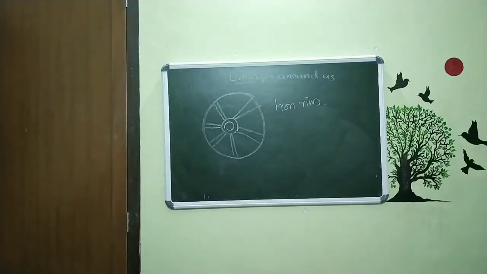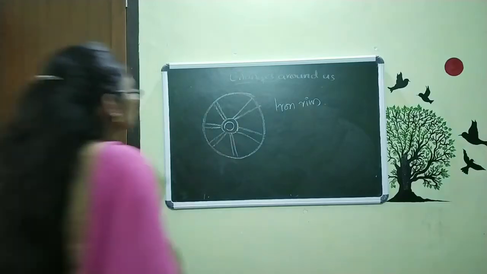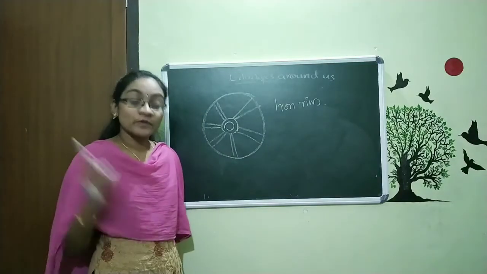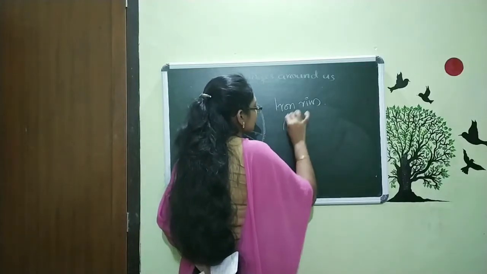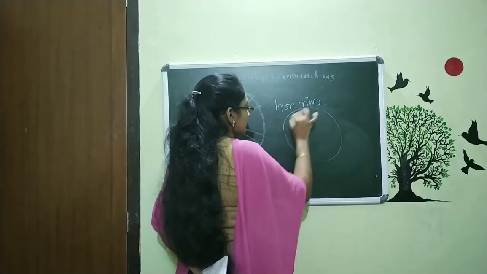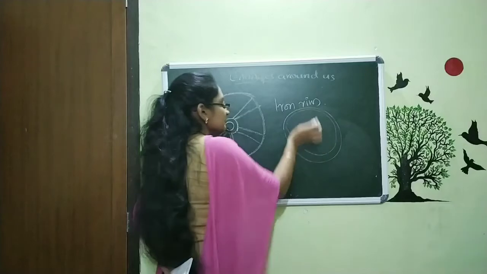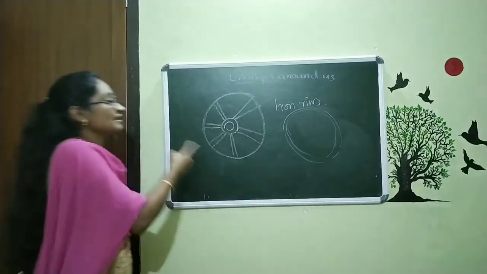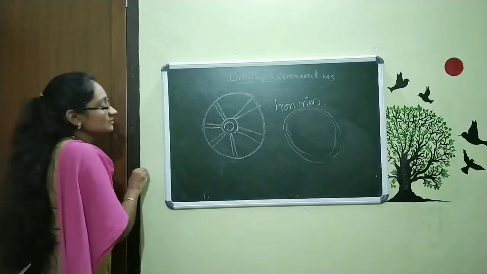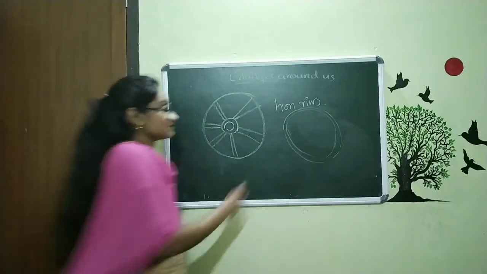You can see that picture on page number 49 in your textbook, figure 6.7. Just look at that. Here also we are doing the same thing. At first our iron ring is smaller than our wooden wheel, and we are heating this.